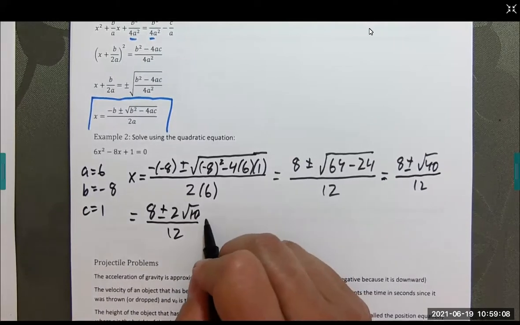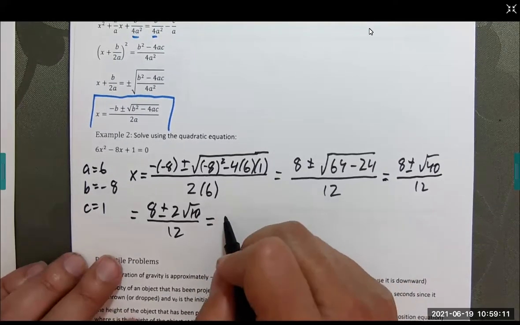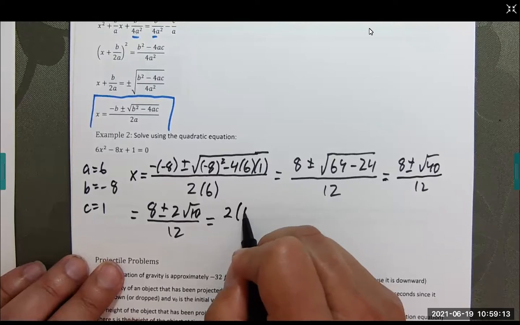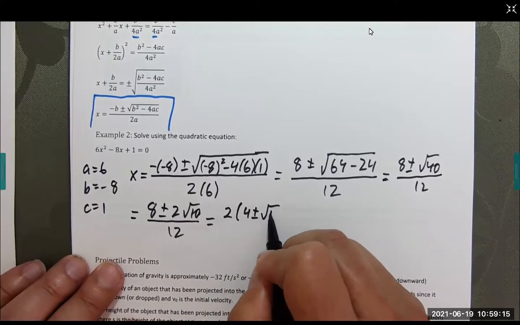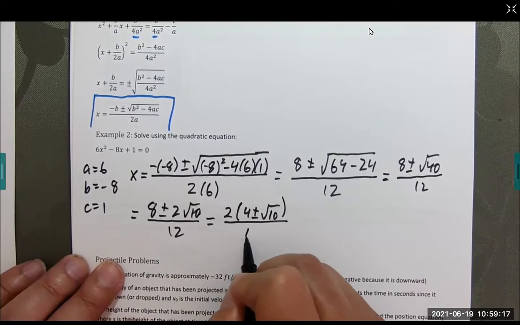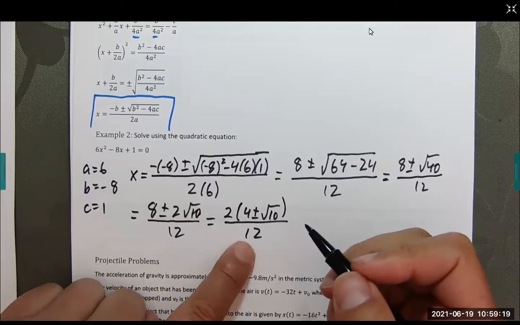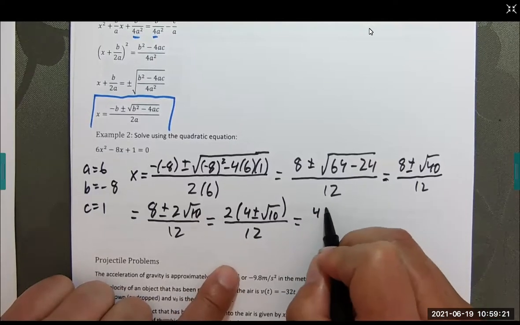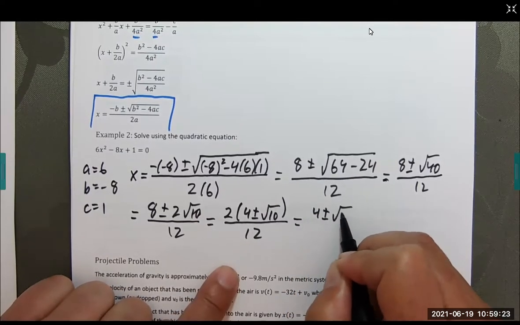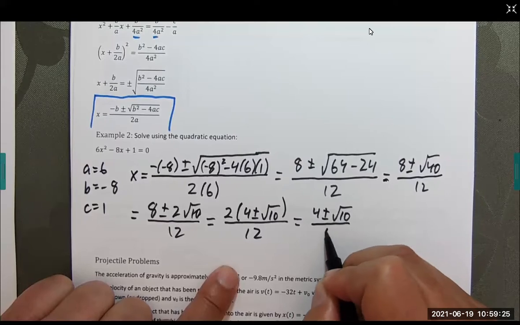And I got to continue to do this. I'm going to go ahead and factor out a 2 from up top, 4 plus or minus root 10 over 12. And of course, the 2 and the 12 reduce to a 6.